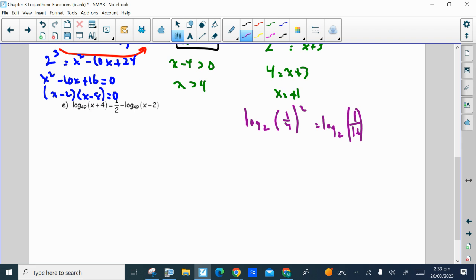Okay, so looking at question E. Again, this one you have the number 1/2. That's not a log. So I would start by combining the logs together on one side, and then using the product law.